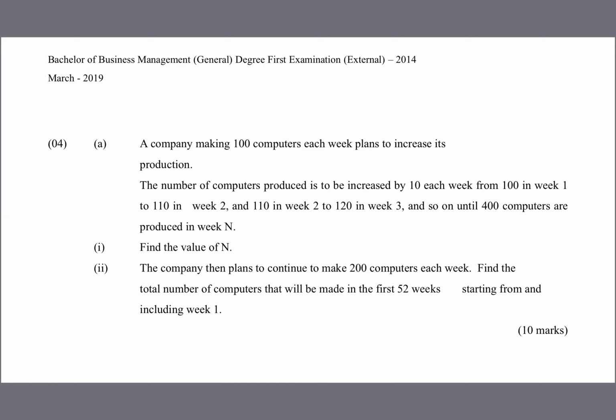That's why I told you, first you need to go through the given scenario or situation, and next you need to understand which progressions theory, which rule, is required to solve this given problem. That is the important thing. It says a company making 100 computers each week plans to increase its production.